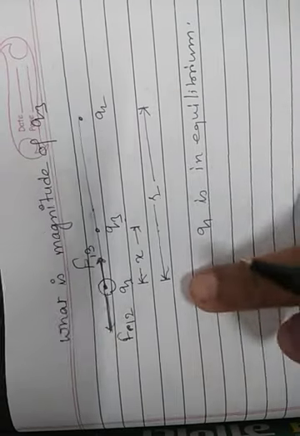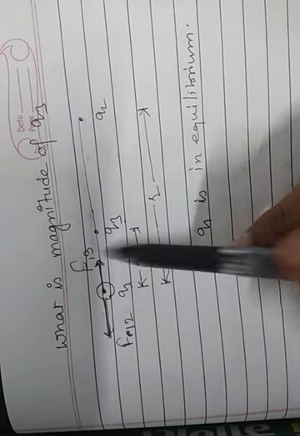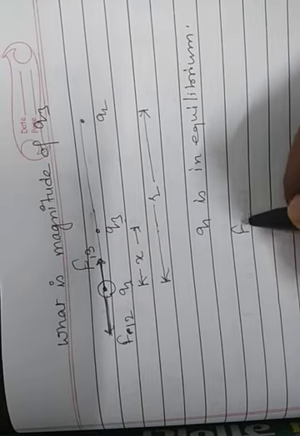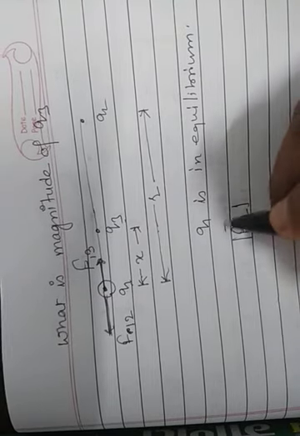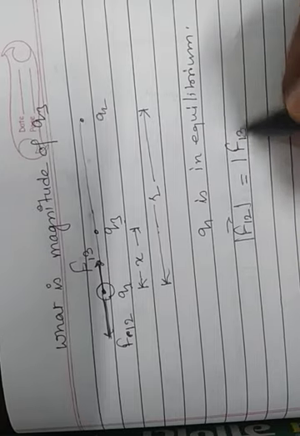So again, net force on it is 0. It means magnitude of F12 is equal to magnitude of F13.